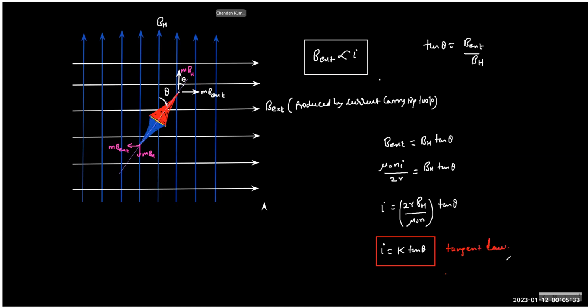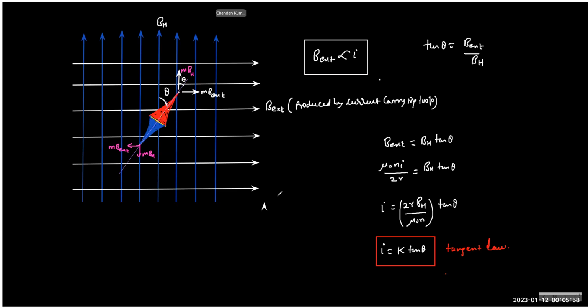So how to derive the tangent law? It is very simple. Draw two B values, both horizontal. One must be BH, the other must be due to some current source. The compass will align in the resultant field direction. We always take theta with respect to BH.